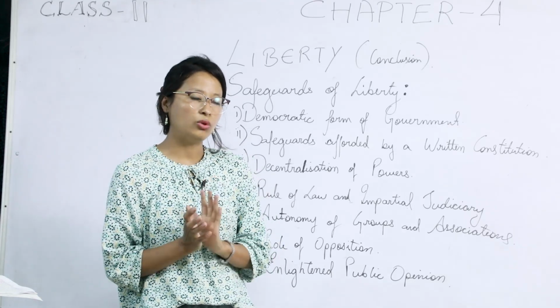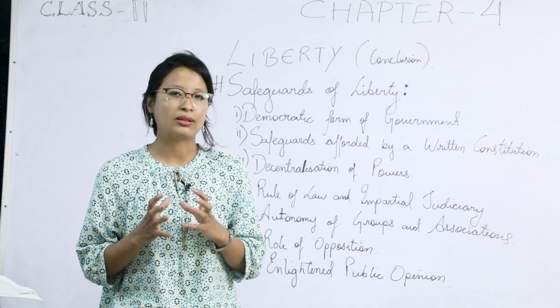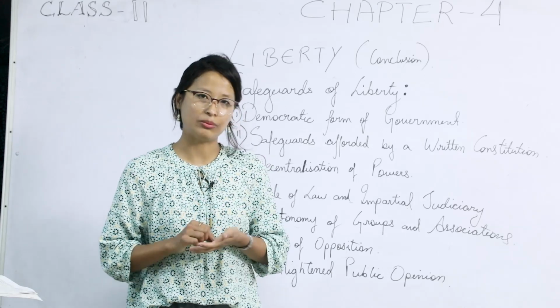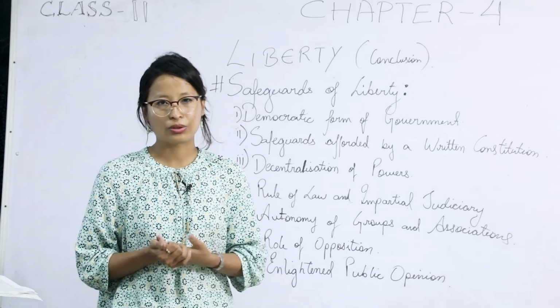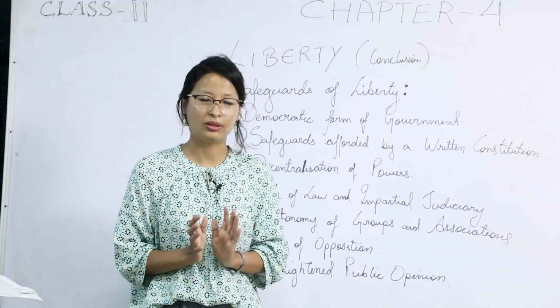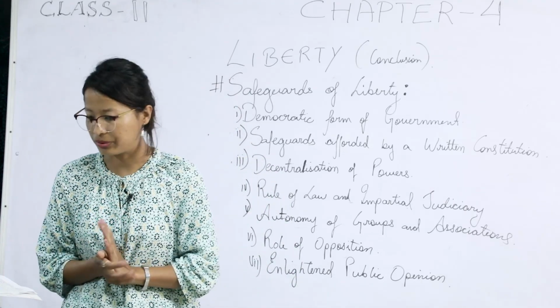It is the most important under a democratic form of government. So we can say that a democratic government safeguards liberty, because in a dictatorial or military form of government this is not there. Your freedom to protect liberty is absent.